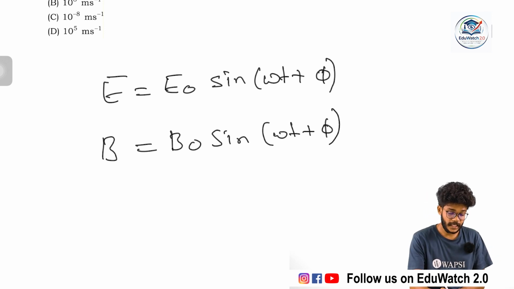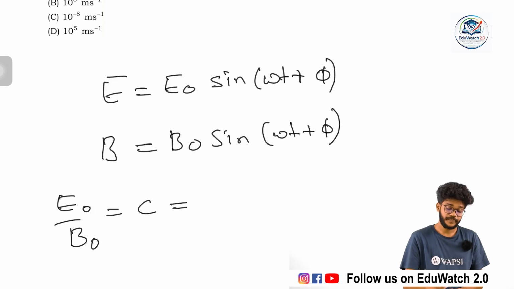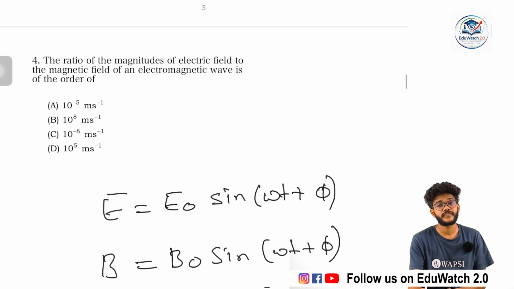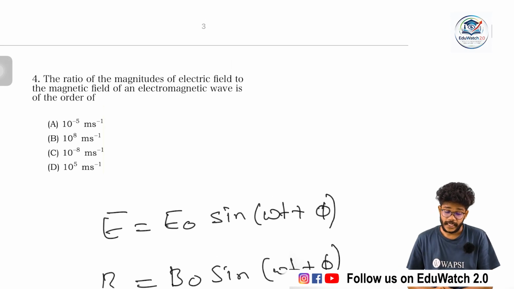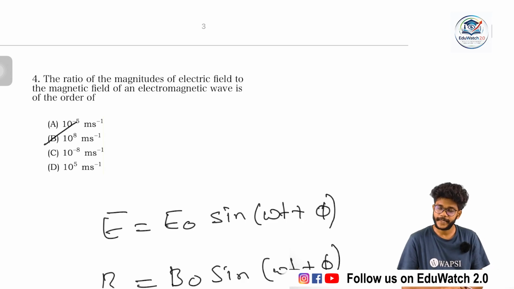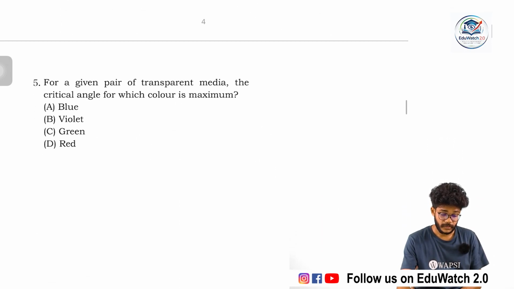E0 by B0 is equal to c. What is the value of c? 3 into 10 raised to the power 8 meters per second. That is the speed of light. Okay, we can move to the fifth question.